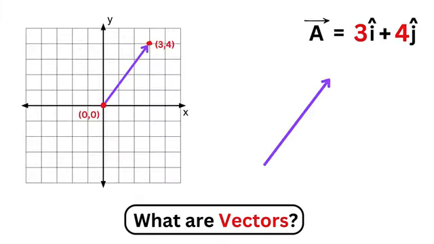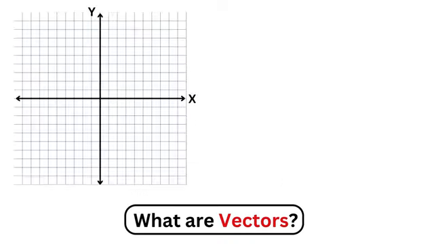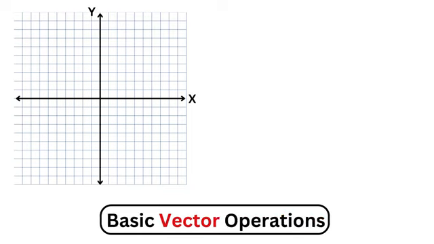Assume we have a vector represented by an arrow, and if we call its head as point B and its tail as point A, then we show it with variable BA with an arrow. Also, if we call its head as point A and its tail as point B, then we show it with variable AB with an arrow. Just nice conventions. Great. Now we can move to level 2, which is simple vector operations.